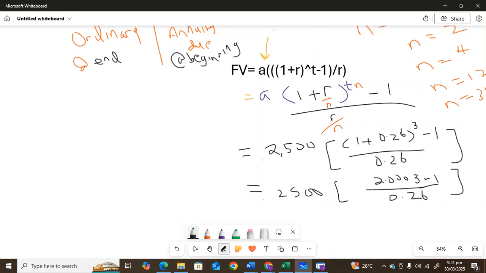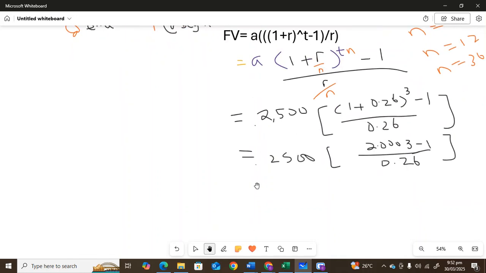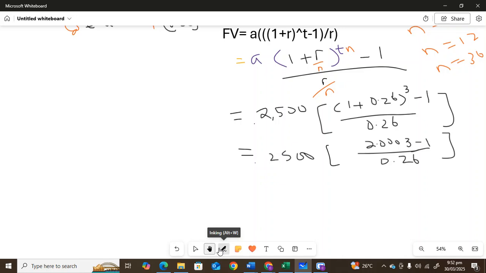So 2.003 minus 1, that's 1.003. 1.003 divided by 0.26, you get 3.84. Are we all getting 3.84?